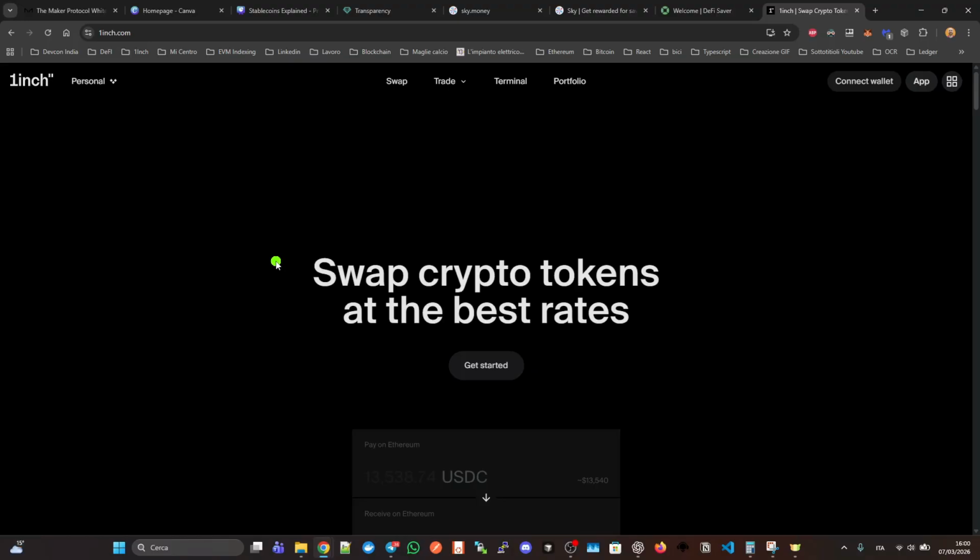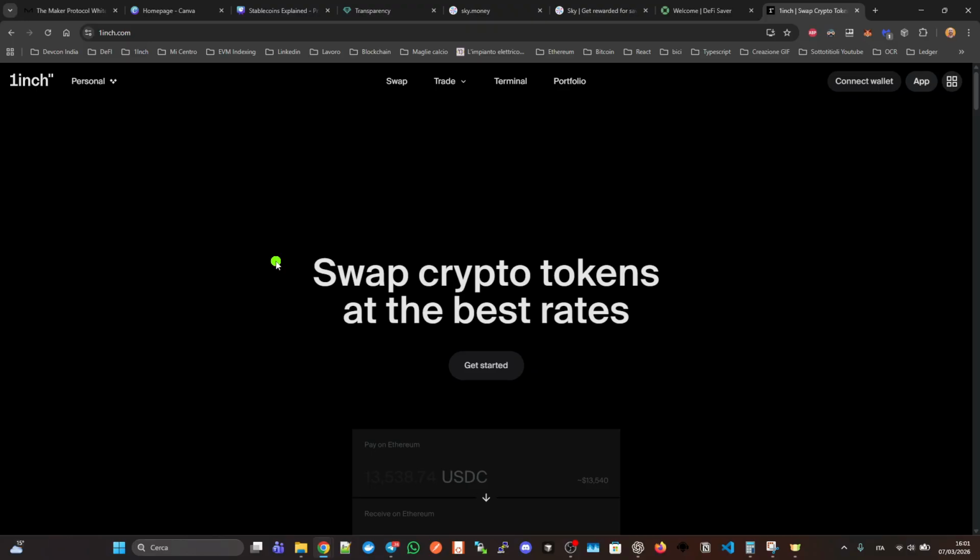The first use case that we have for our stablecoins is to basically swap a token for a stablecoin of our choice. For example, in this case, we can use 1inch, which is a DeFi aggregator that allows us to swap tokens. And if you want to learn more, you can check out the video that I made on 1inch.